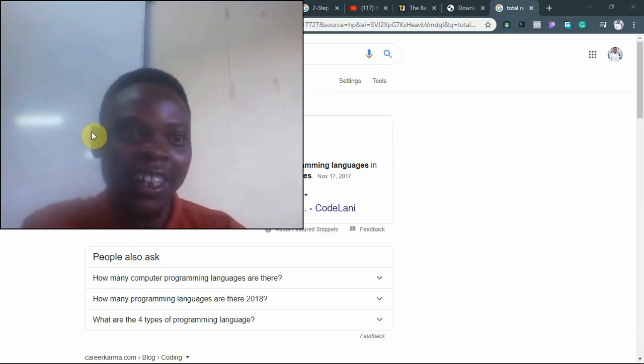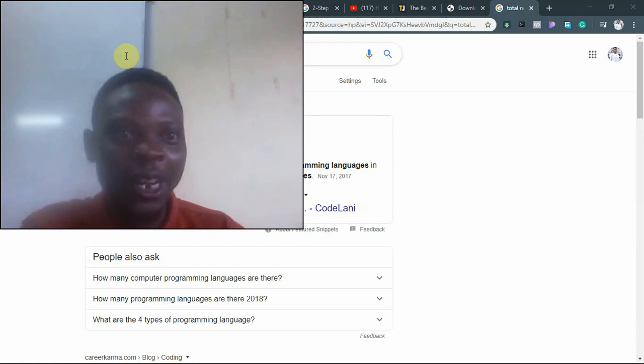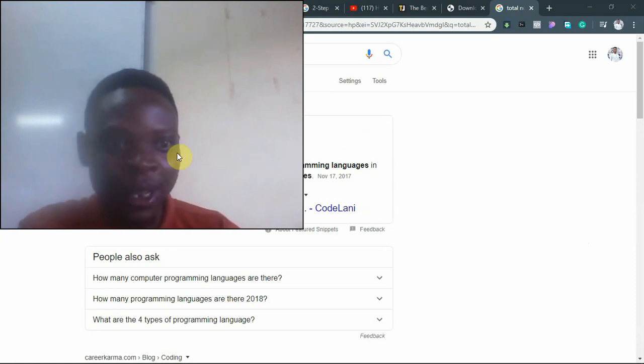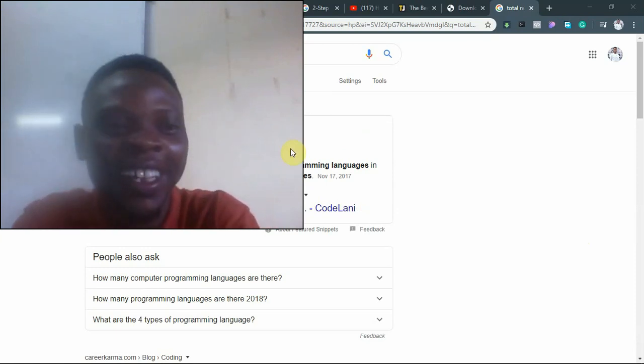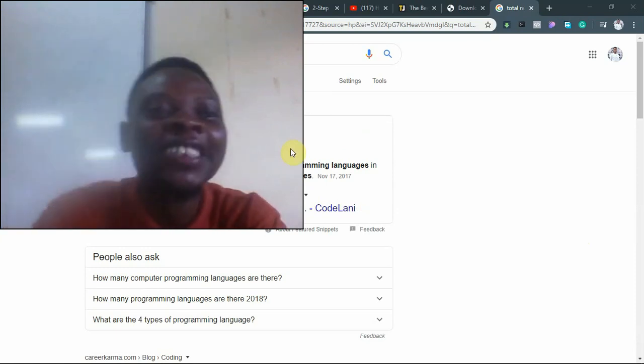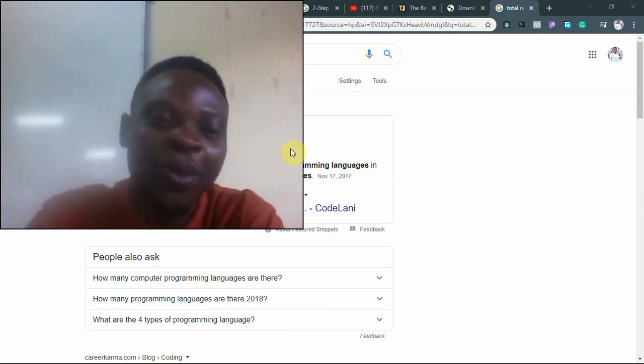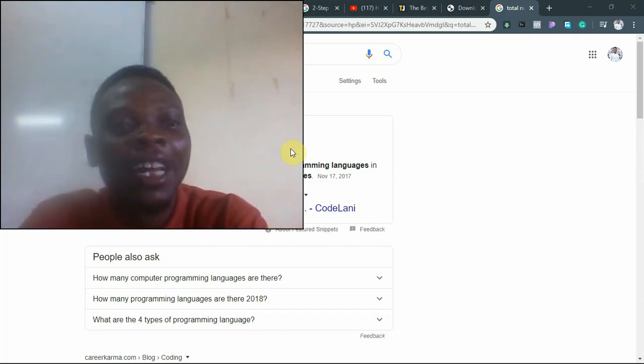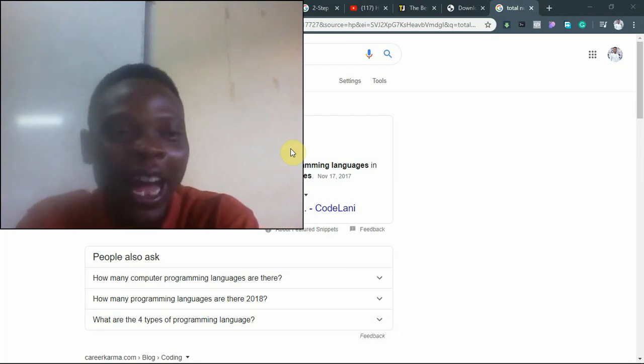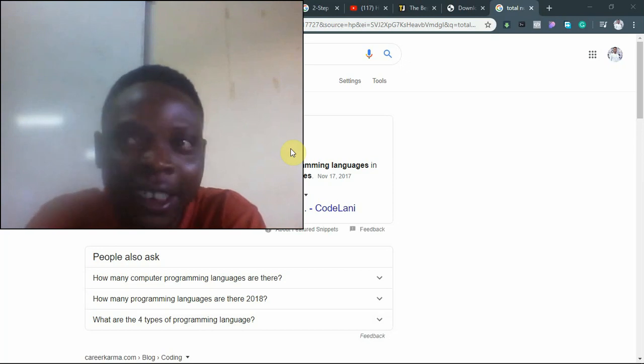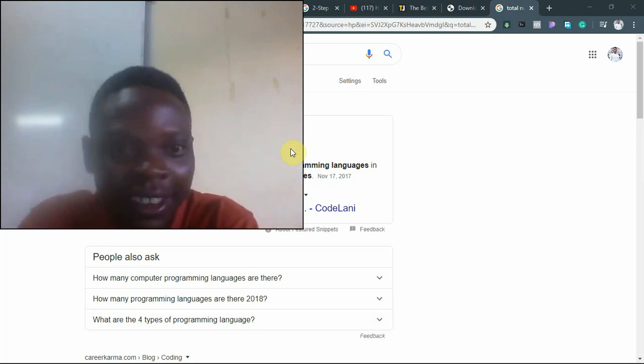As you can see, when we search the web for the total number of programming languages, the feedback we had from Wikipedia says that we have 700 programming languages. That's crazy. 700 programming languages, and this is just what Wikipedia is telling us. You can't learn all the 700 programming languages.